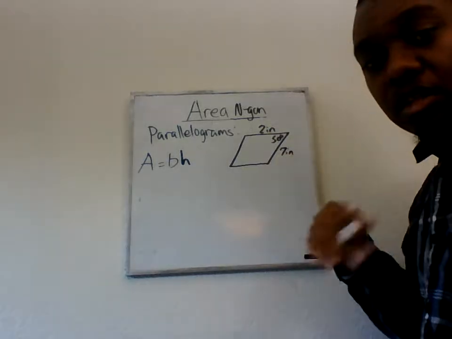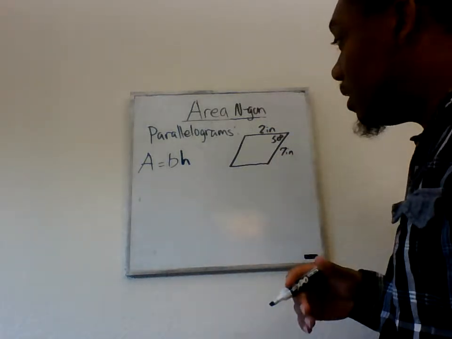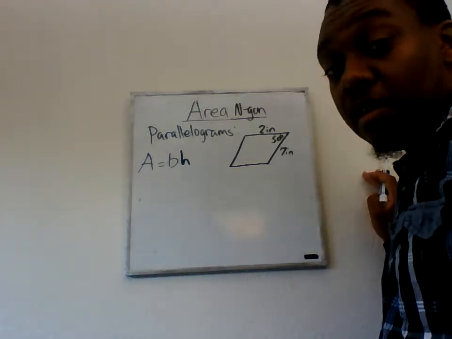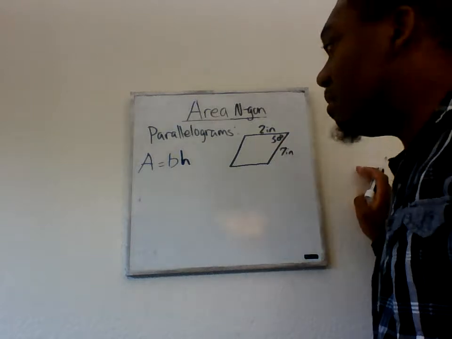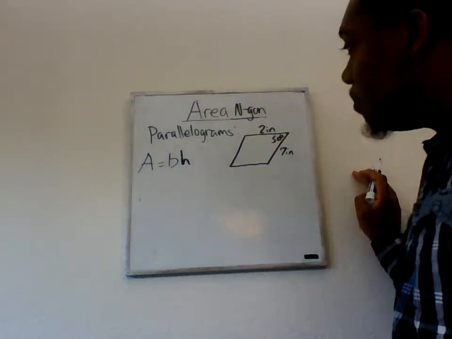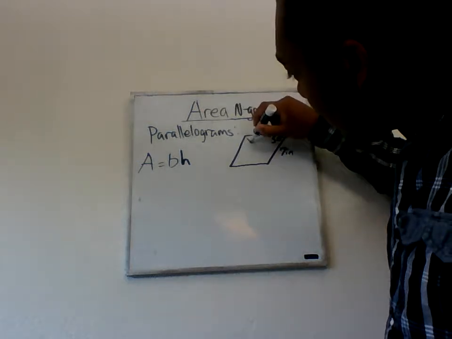How will we find out what the area is? Well, we don't know base, we don't know height. We could find base by just moving this down here, but we still wouldn't know height. We have enough information to find the height, but we also can just do this.